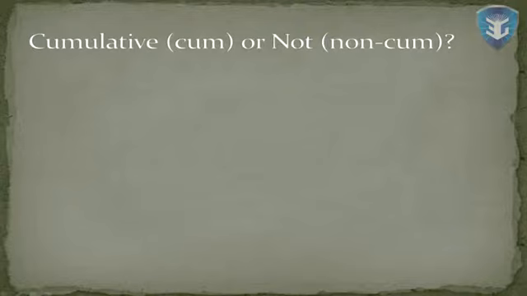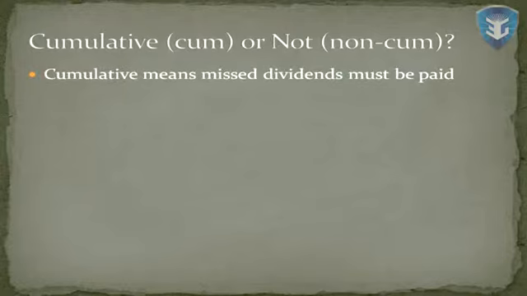The two big ideas, probably the most important consideration, is whether it is a cumulative preference share or a non-cumulative preference share. Cumulative preference shares means that missed dividends must be paid.